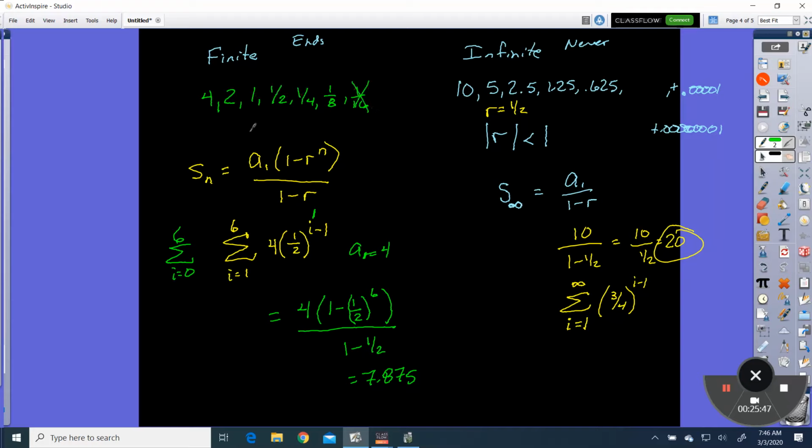Whoops, the first 6 terms. Then add those all together. And that would give you the same answer as this. So that is another way to do it. But anyways, that's today's stuff.